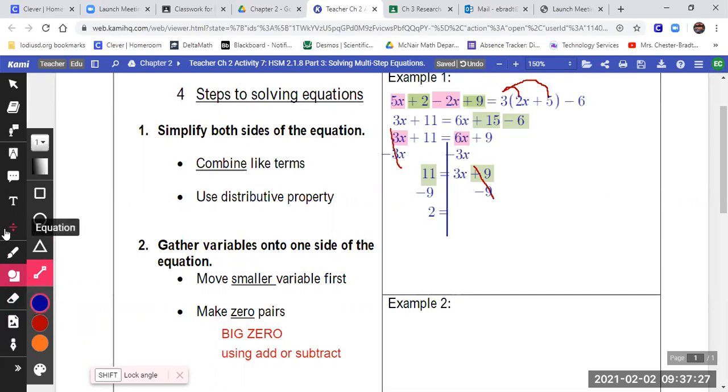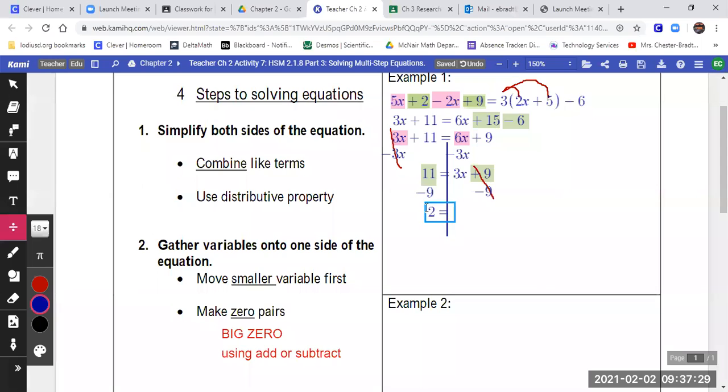What do we have left over there? The 3x, yep. So I have 2 equals 3x, and that's okay.